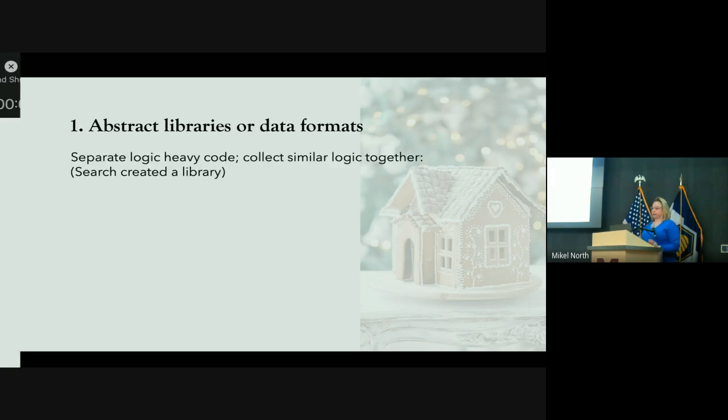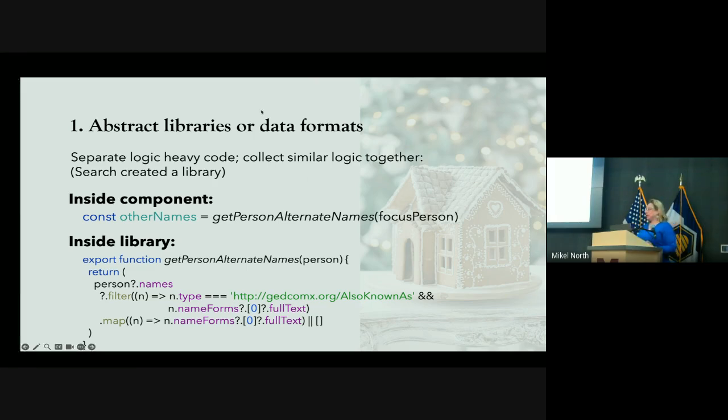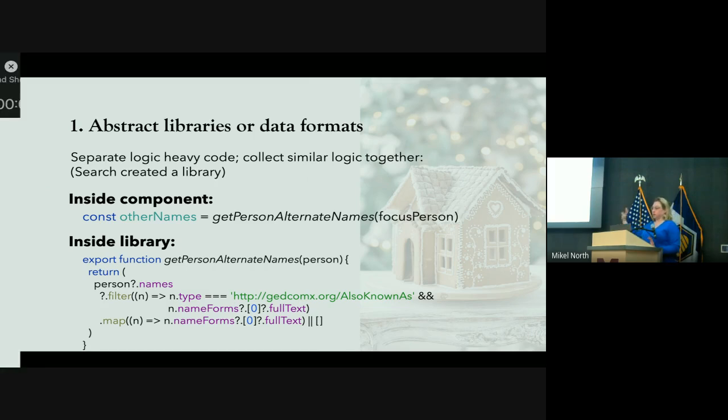So abstracting data formats. If you have logic-heavy code, this is an example, this function getPersonAlternateNames. I don't know how many of you have ever seen a GedcomX JSON file. It represents a family. Families are not as simple as you think they are, but represented in code they get complicated. Anyway, it's really a mess to try and figure out what's in this.